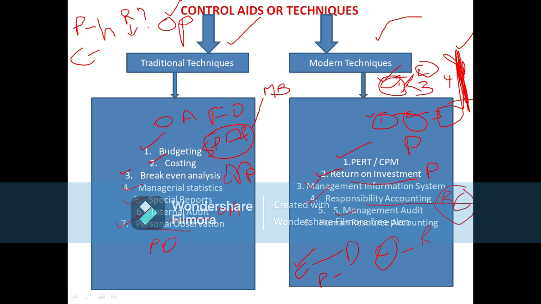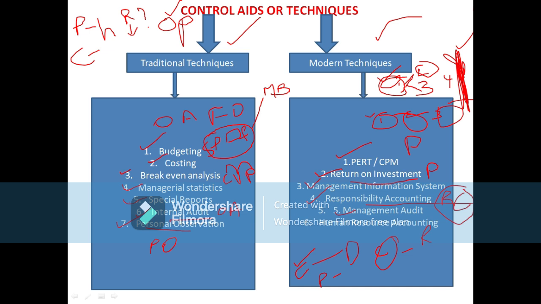Now, management audit means the performance of an organization depends to a large extent upon the quality of management. The techniques discussed above focus attention on the end results of activities, but they ignore the quality of the managing system. Under this technique, a critical and independent evaluation is made of the total managerial process.